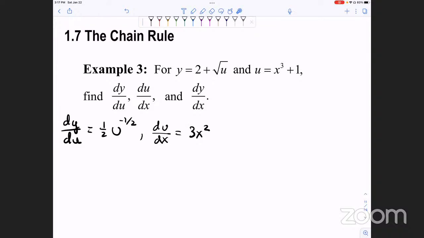To find dy by dx, that's going to come from dy by du times du by dx, right? When we do this, these two are going to cancel.